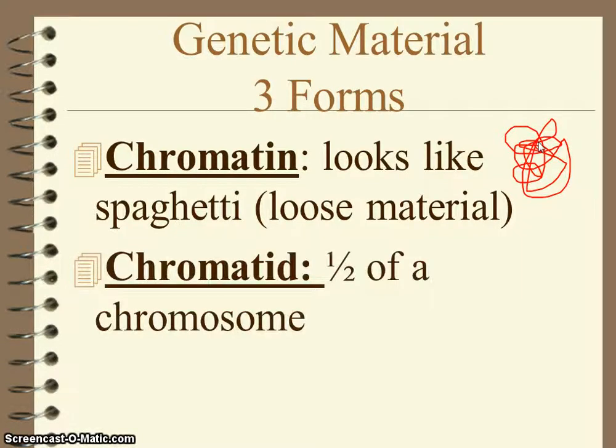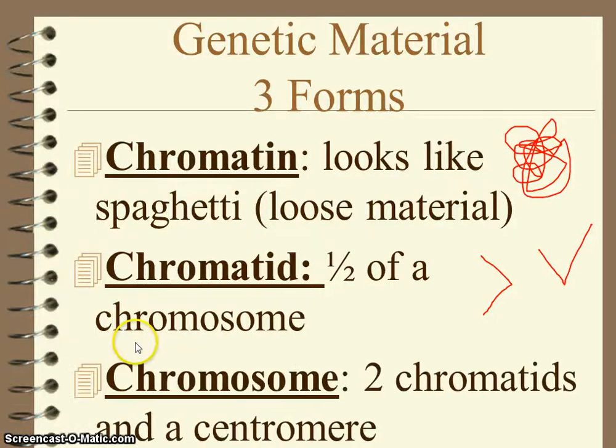Well, the chromatin will start to condense and form a chromatid, which is either a sideways V or an upright V. We also have a chromosome, and a chromosome is two chromatids put together, or an X, held together by a centromere, this little dot that connects the two chromatids.